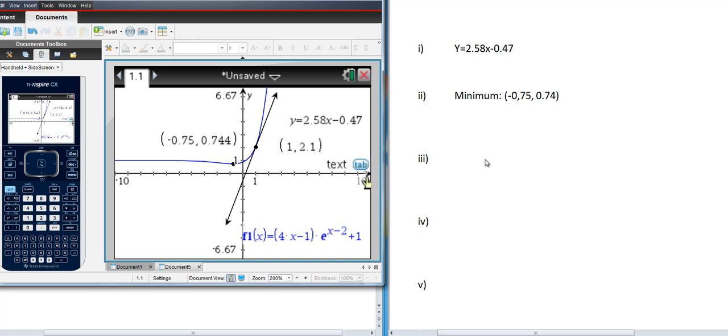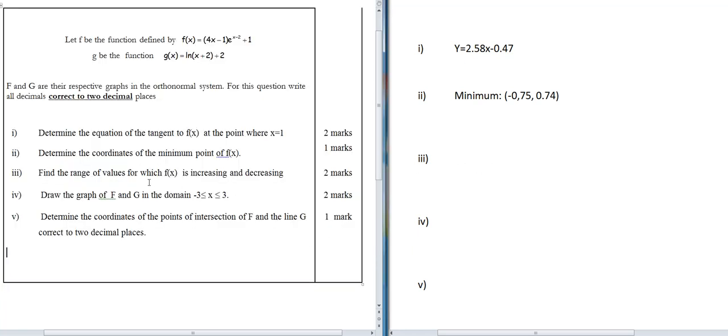Okay, so how do we express this? The range of values for which f(x) is increasing and decreasing.